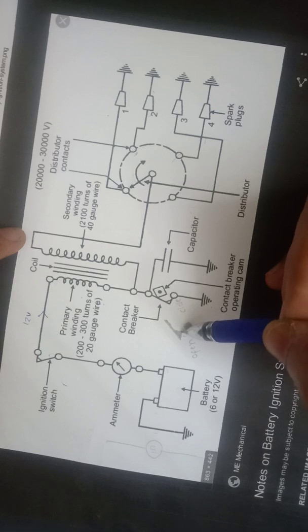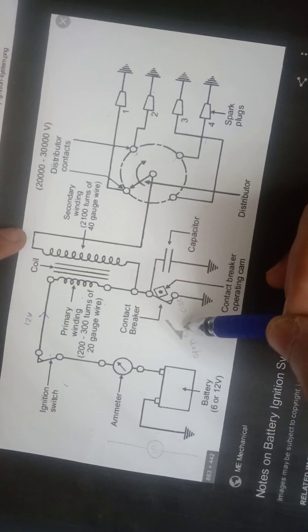As soon as this contact breaker point opens, the air between these two terminals gets ionized because of the heavy current. Due to this ionization, a spark is produced between these two terminals, and by the production of this spark, carbon is deposited on these two terminals.